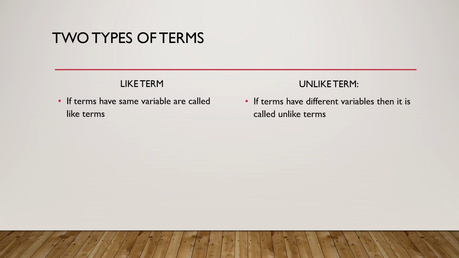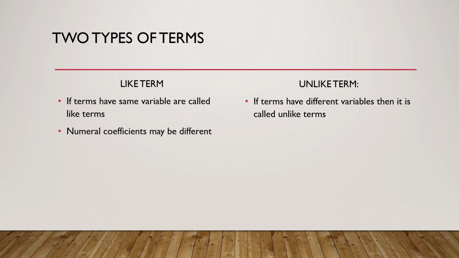Next, what are unlike terms? In unlike terms, the variables are different. The variables, that is x, y and so on, are different. Let's take an example so that you can clearly understand.